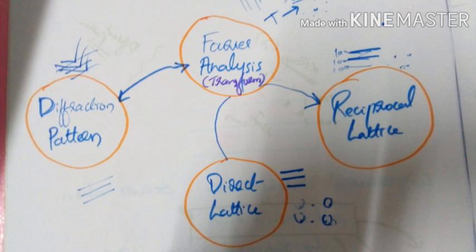And we have discussed what Bragg's law is and its diffraction conditions, and we were able to see that obtaining a diffraction pattern means taking a Fourier transform, and that diffraction pattern we have obtained is a representative of the reciprocal lattice of the direct lattice of the crystal that we are studying.